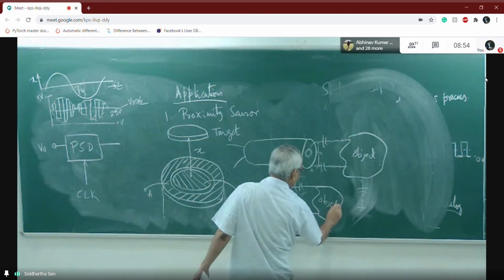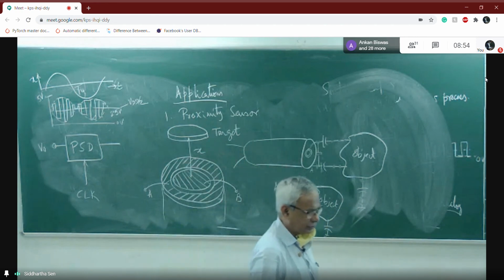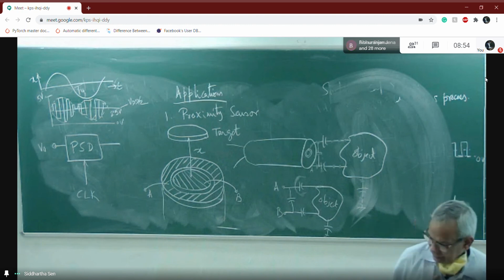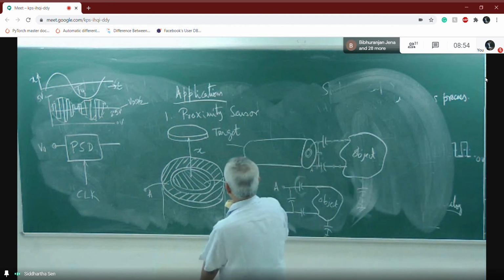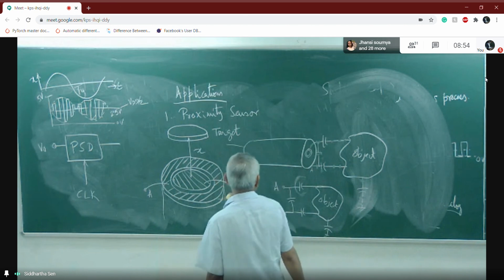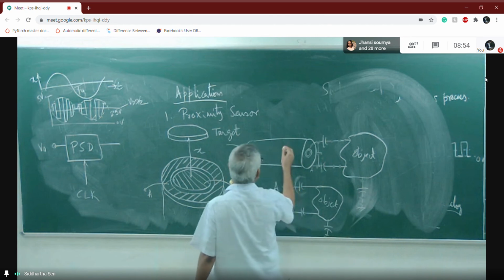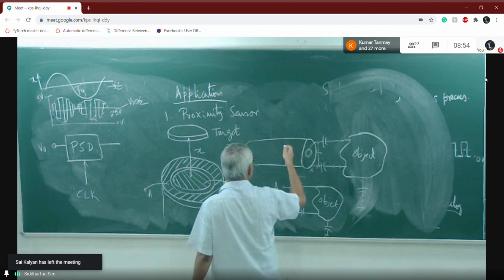So overall, whatever I wanted to say, if the object is coming close to the sensor, what will happen? The capacitance will change, and we have ample capacitance measuring circuits, so with this circuit I can detect it.